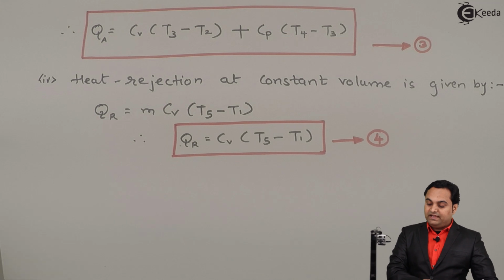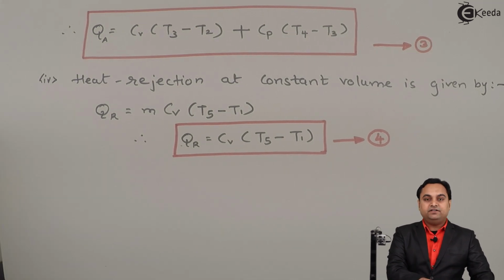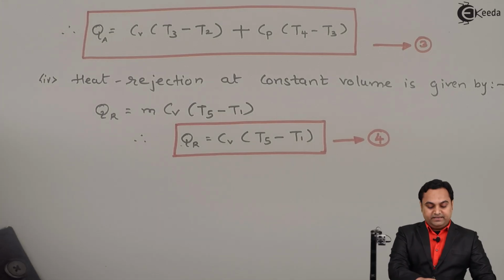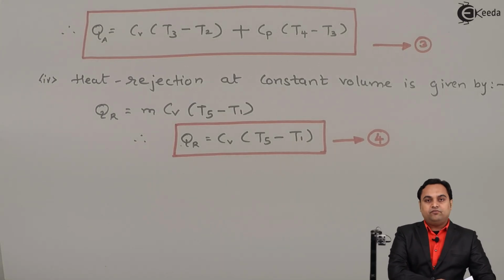Now once I have the heat addition and the heat rejection process, we can directly go for the efficiency formula.